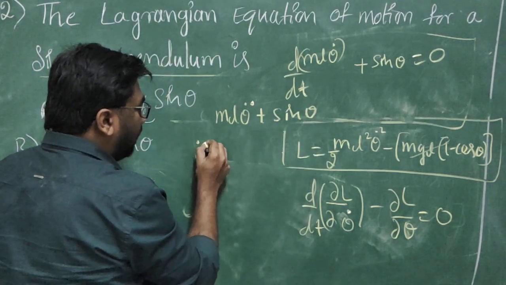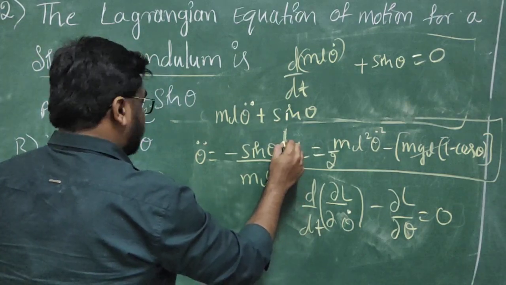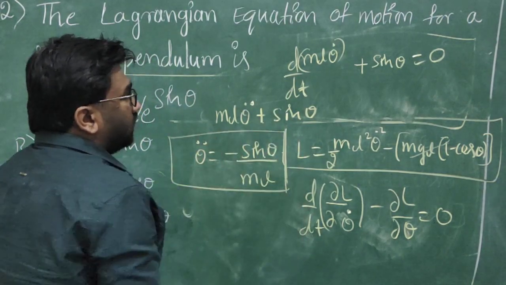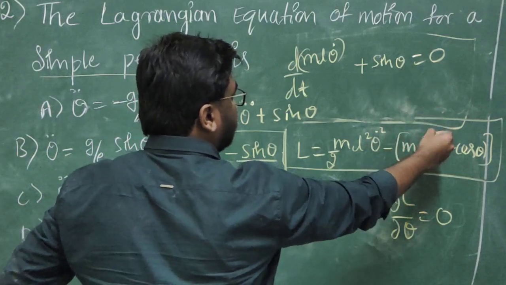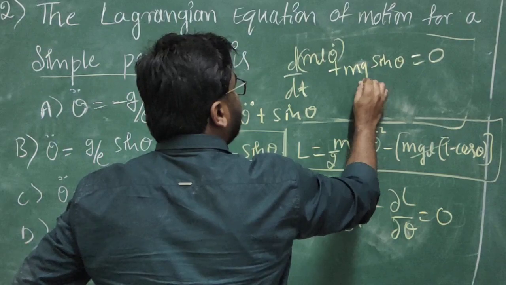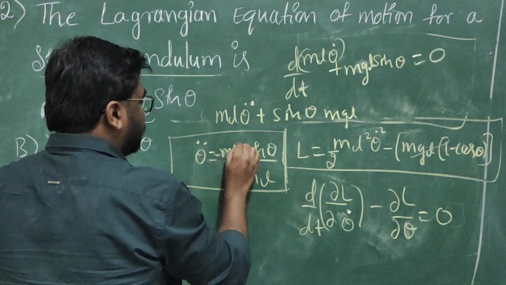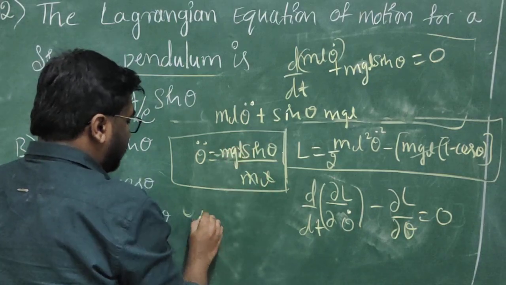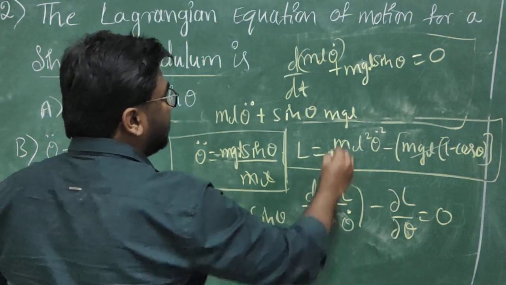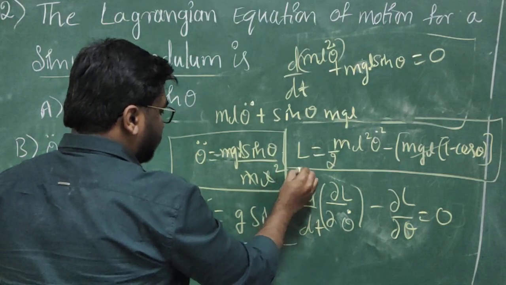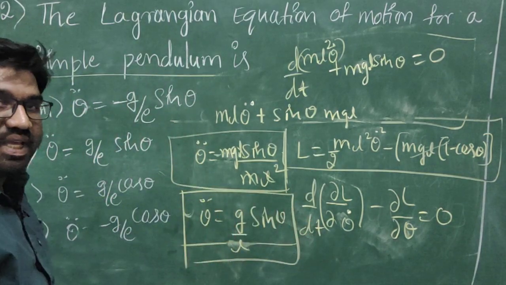Sorry, I forgot to write the mgL coefficient. So plus mgL sin theta. Therefore the m's cancel and one L cancels, and the denominator is L square. So theta double dot is equal to minus g by L into sin theta.